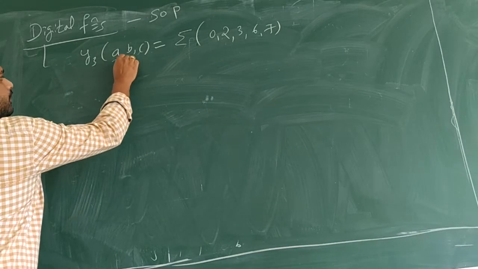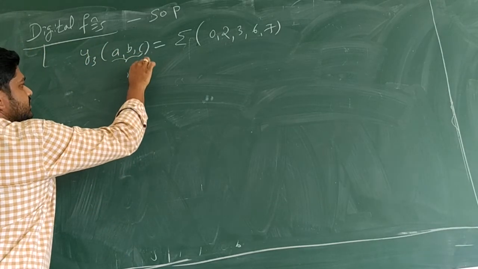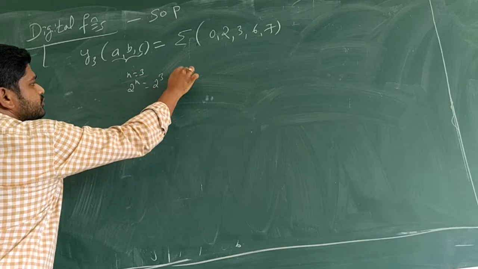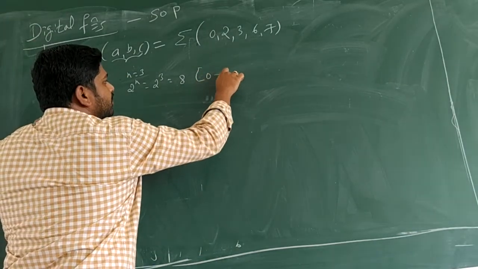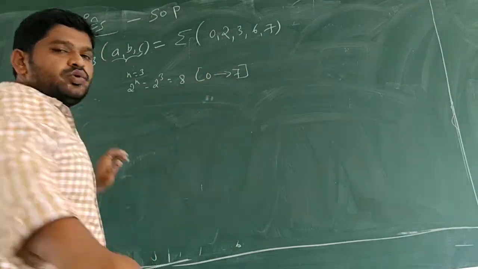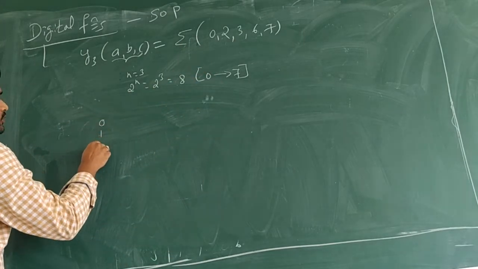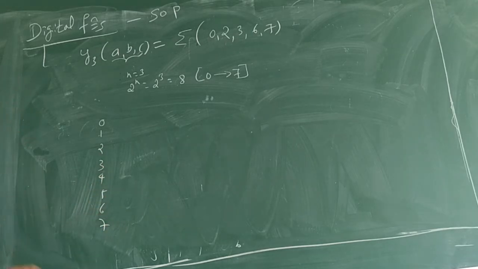So now count the number of variables. Here n is 3. 2 raised to n is equal to 2 raised to 3, which is equal to 8. Observations will be from 0 to 7. Okay, that is fixed. So 0, 1, 2, 3, 4, 5, 6, 7.